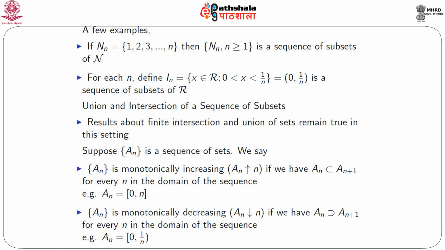If A_n is a proper superset of A_{n+1}, that means as n increases the set is getting smaller, we say the sequence is monotonically decreasing. Take this example of the interval [0, 1/n), closed at 0 and open at 1/n. If I increase n, every time it will get reduced. So, this is an example of a monotonically decreasing sequence.